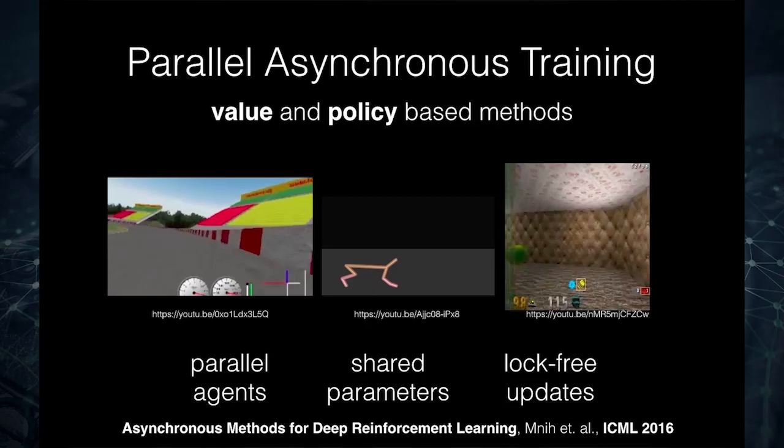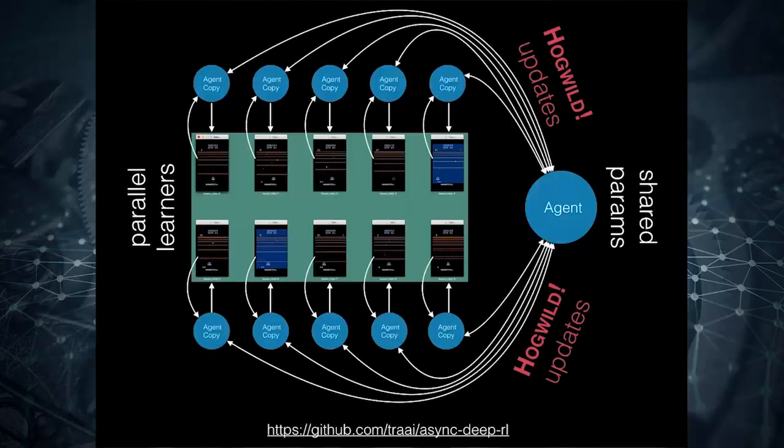All those copies interacting with these different environments get experience from their instance of the environment. Maybe I go to the next one to tell this better. So there's a shared set of parameters, a Q network. In this case, it's an actor-critic algorithm, which outputs both a value function and a policy.